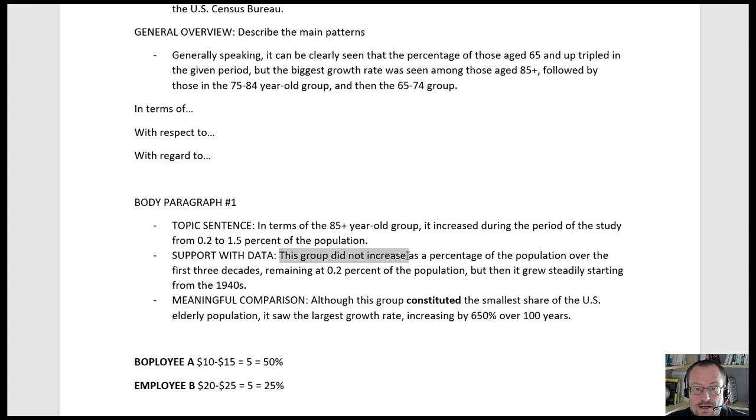This group did not increase as a percentage of the population over the first 3 decades, remaining at 0.2% of the population, but then it grew steadily starting from the 1940s. Although this group constituted the smallest share of the U.S. elderly population, it saw the largest growth rate, increasing by 650% over 100 years.